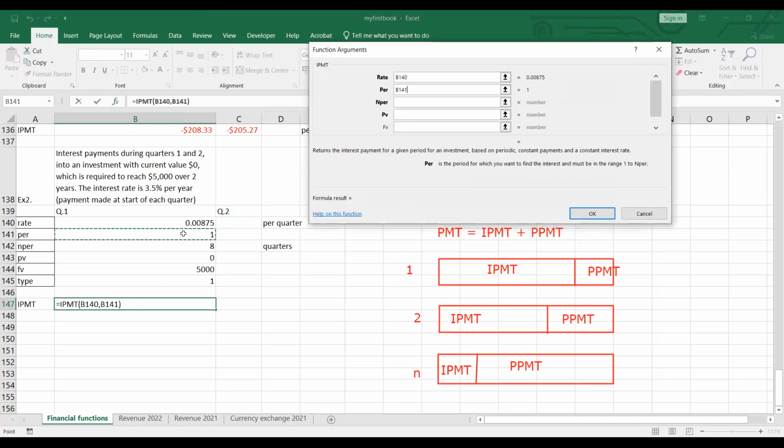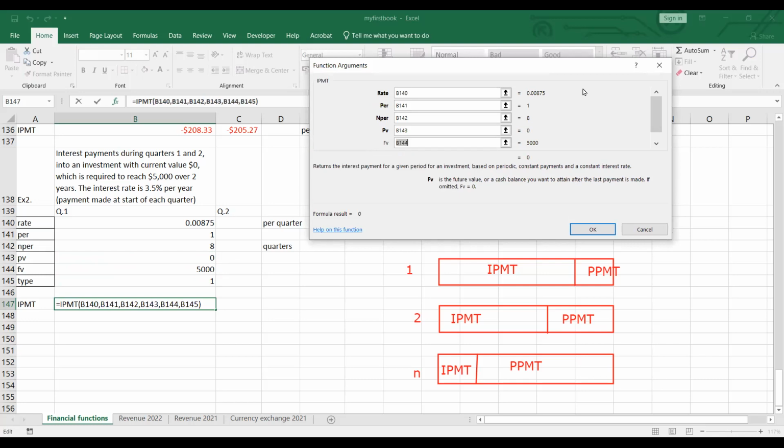Rate, per, N per, PV, FV sorry, and type. I want you to be careful if you use the function argument box provided like this.